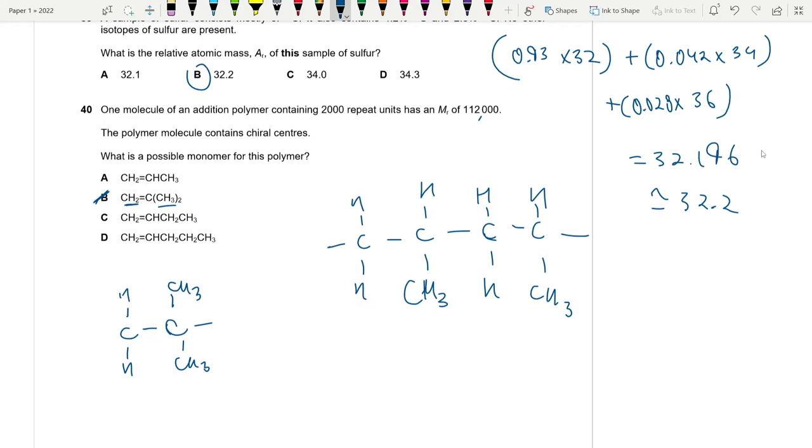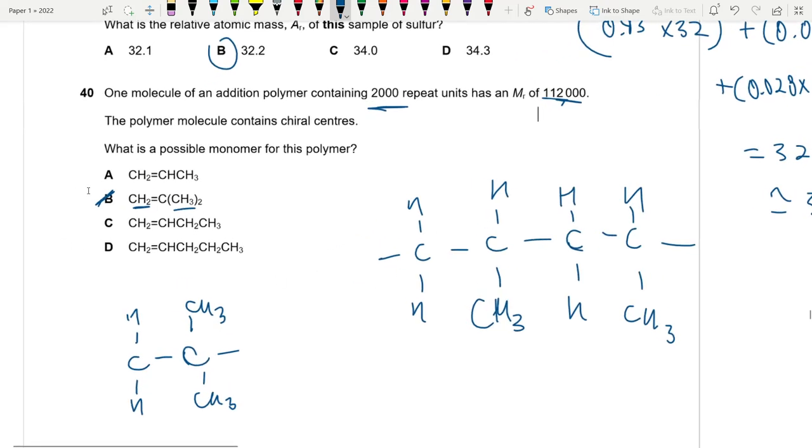Now it contains 200 repeat units. All right, and the Mr is this. So let's find out the Mr of these compounds. So 12 plus 12 plus 12 plus 2 plus 3 plus 1. That gives us a value of 42. So 42 times 2000 gives us a value of 84K.